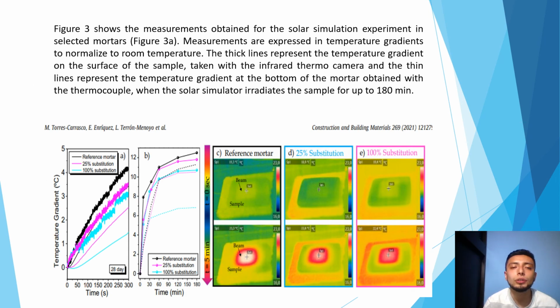Figure 3 shows the measurements obtained for the solar simulation experiment in the selected mortars. Figure 3a measurements are expressed as temperature gradients normalized to the room temperature. The thick lines represent the temperature gradients on the surface of the sample.